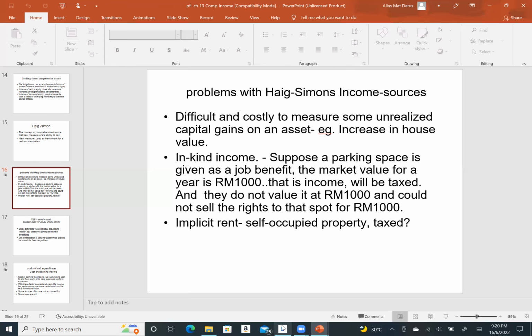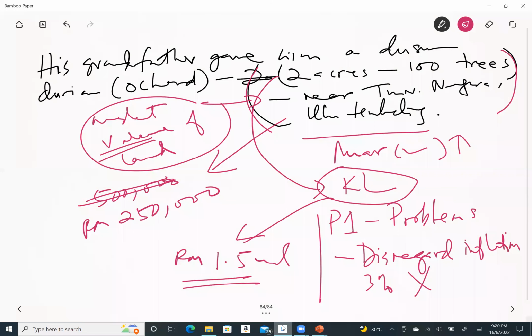So these are the issues. Issue number one is some measurement issues. For example, benefit, that's the parking. That's number one.